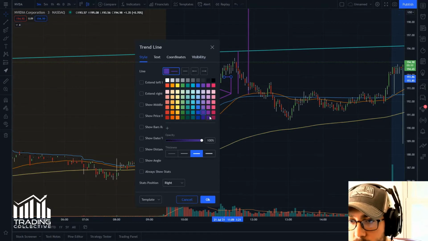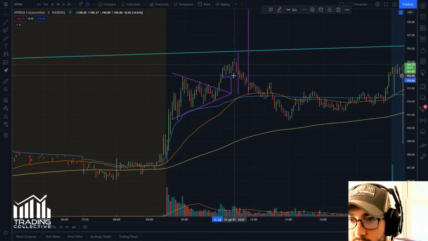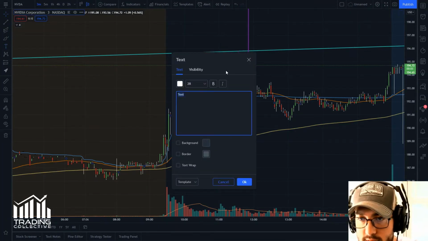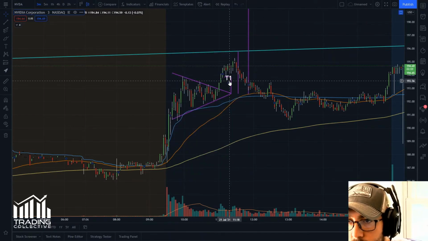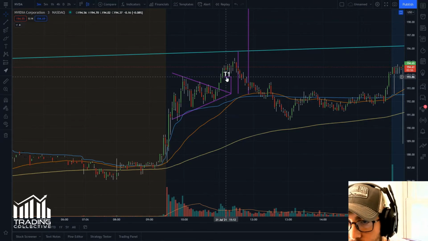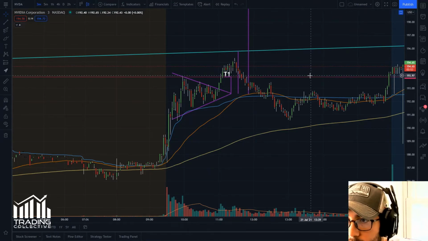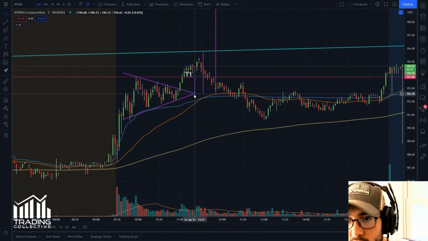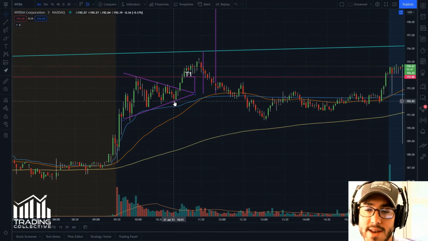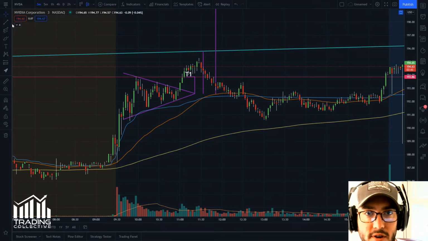Please be the same purple, that'd be nice, thank you. So that's going to be our T1, T1 at that price level right here. You can even make a horizontal line. So you're ideally looking to buy at the bottom of this wedge as it gets closer and closer.